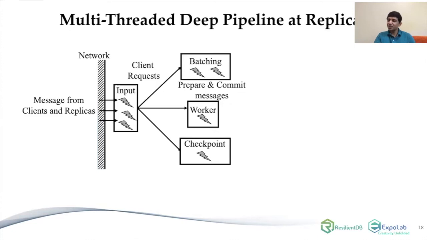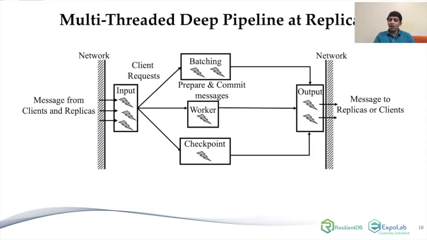So we have a checkpointing thread, which creates the checkpoints and manages checkpoints from other replicas. Of course, once these threads perform different tasks, these messages may have to be communicated outside to different replicas. And for that, we have output threads. Further, they might be required to do some processing, the actual execution of the transaction. And for that, we have an execution thread.